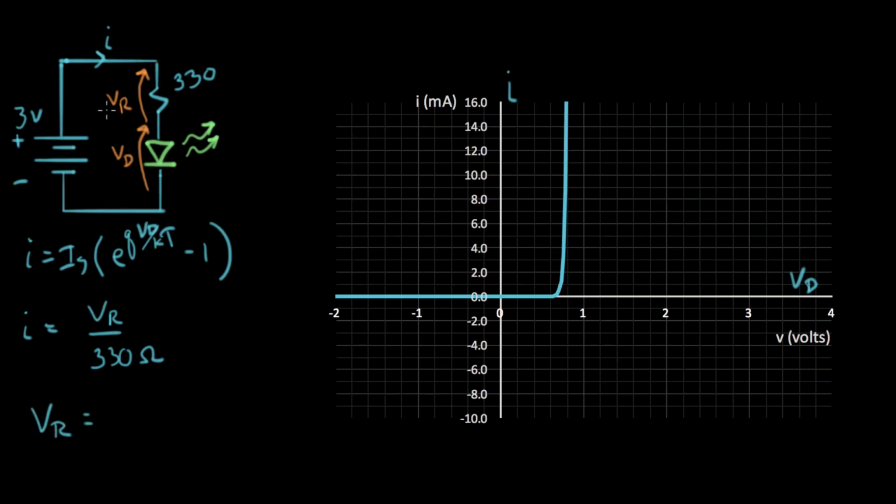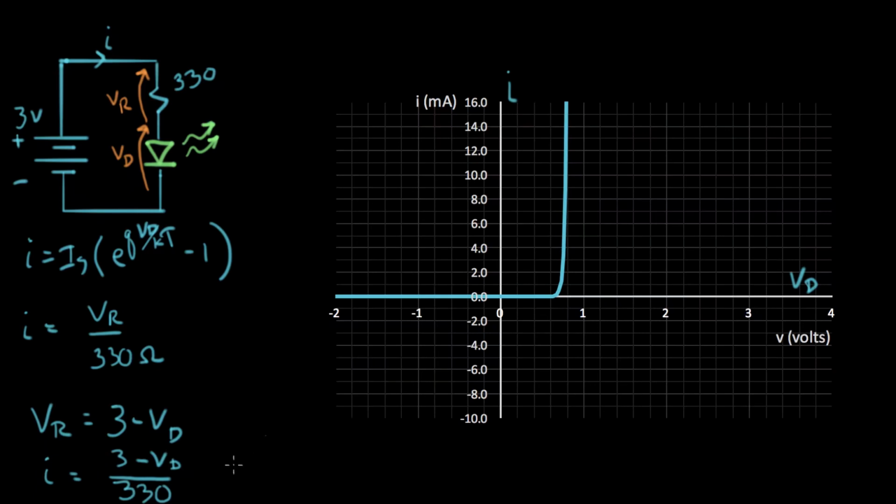I can derive VR as 3 volts minus VD. And let's put this into this I expression here. The Ohm's law expression now becomes I equals VR is replaced with 3 minus VD all over 330 ohms.